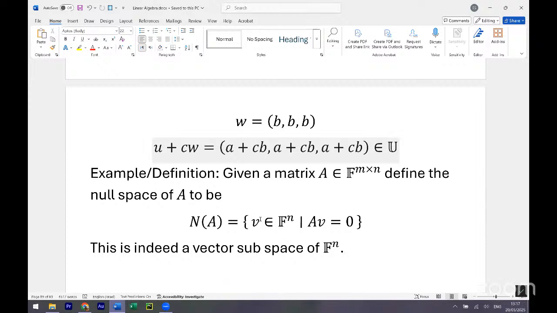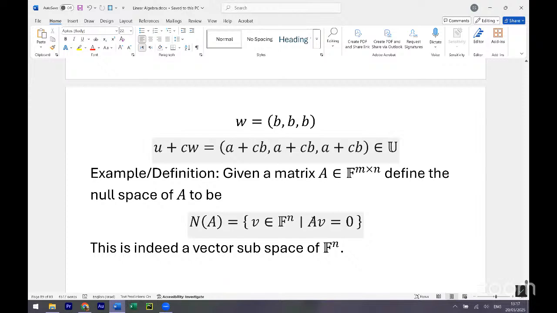It's either a plane or a straight line. These are these sets. And because we take a homogeneous linear system of equations, then 0 is a solution.